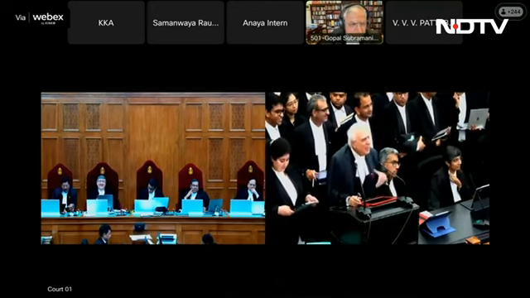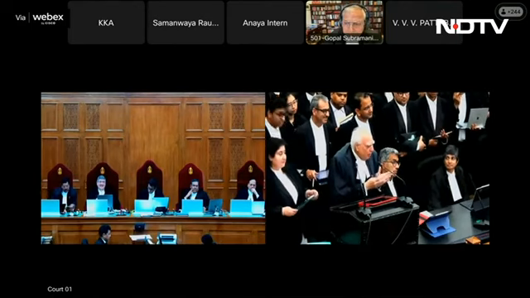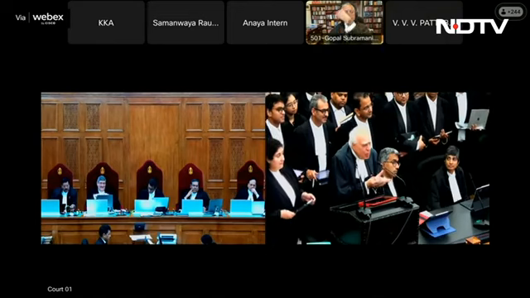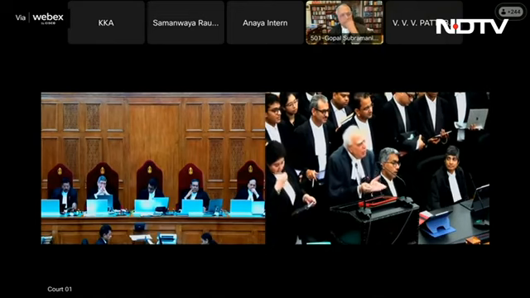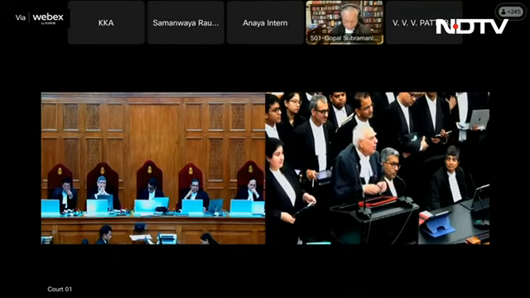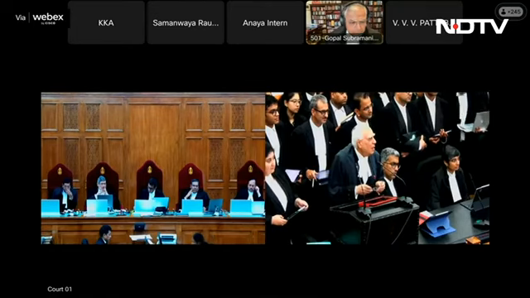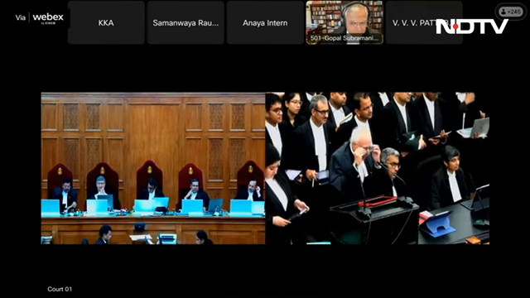I'm only saying that this fits into the argument that this was a political process carried through certain constitutional means, which unfortunately were not available. Always a political process, Mr. Sibal. Only question is whether it is within the constitutional means or not. That's right. Everything is a political process.